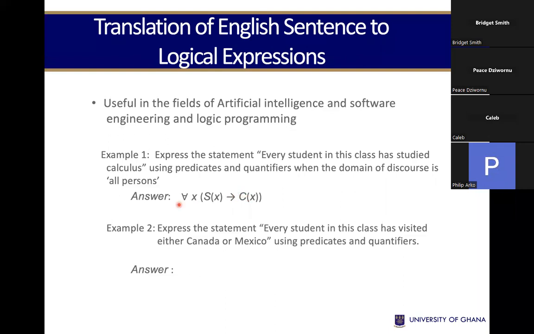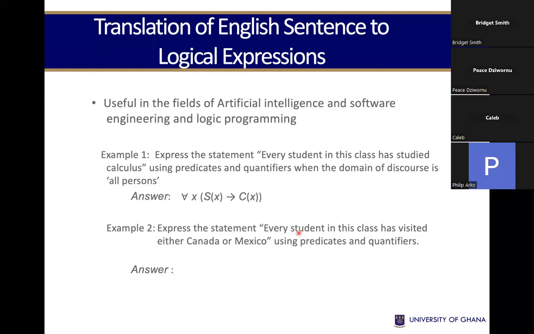Again, express the statement, every student in this class has visited either Canada or Mexico. Let's assume it's true. It means I'm still going to have the for all x because I'm dealing with every. Then I go ahead to look at my implications, but this time I'm not only looking at implications, I'm looking at the definition.